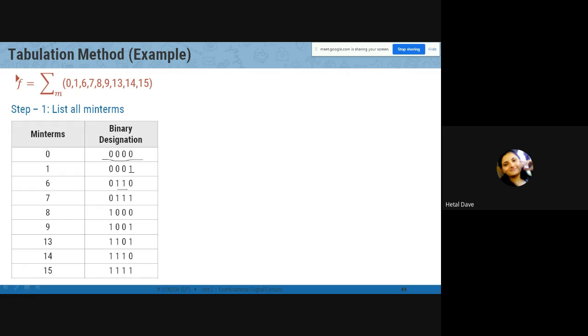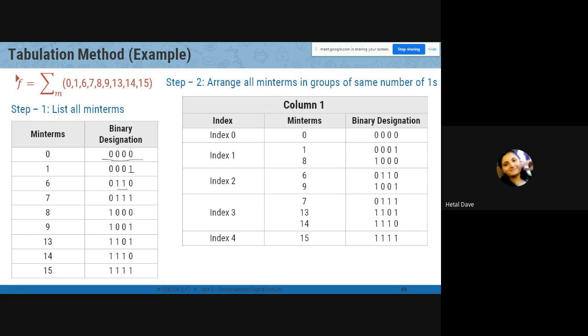So I need to make a second table. Okay, so how will the second table be made? We need to look at the number of 1s. Second step, arrange all min terms such that those having the same number of 1s are together. Now, first of all, look at this term, min term 0. Right now, don't look at this column.